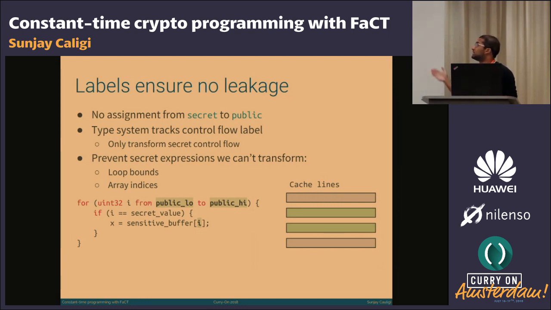And so all the attacker would see is a publicly determined sequence of memory accesses. And then inside this loop, the developer can say, if we actually are at this secret value, then retrieve the value. And we would apply the same transformations as before, and this would all happen in constant time. And it's completely publicly determined.